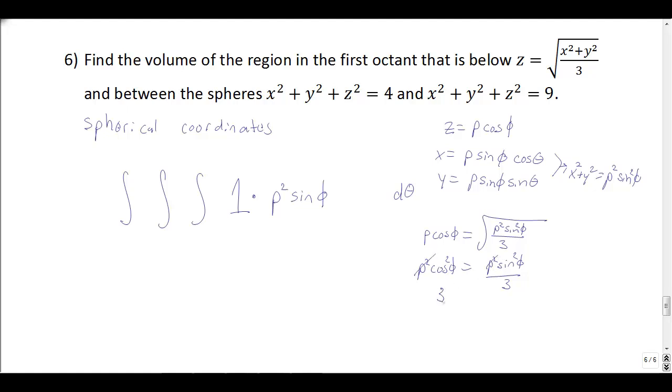I get 3 equals sine squared phi over cosine squared phi. That gives me the square root of 3 equals tangent phi, and that tells me phi equals pi over 3.